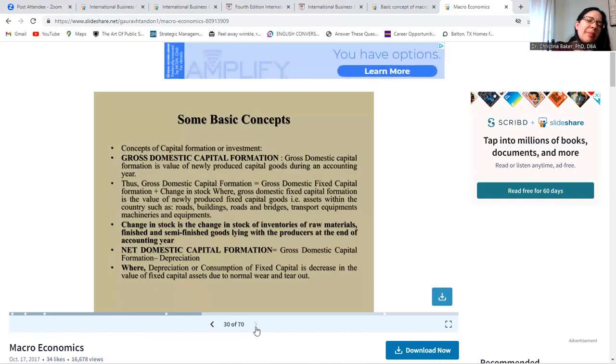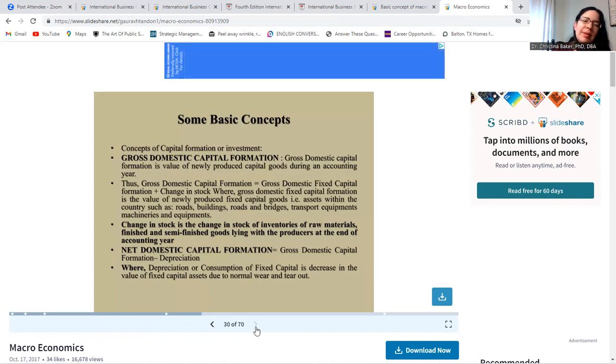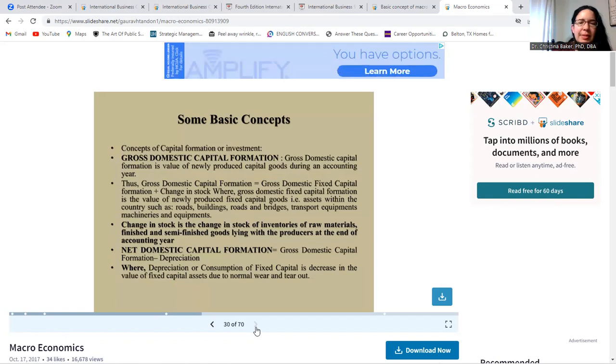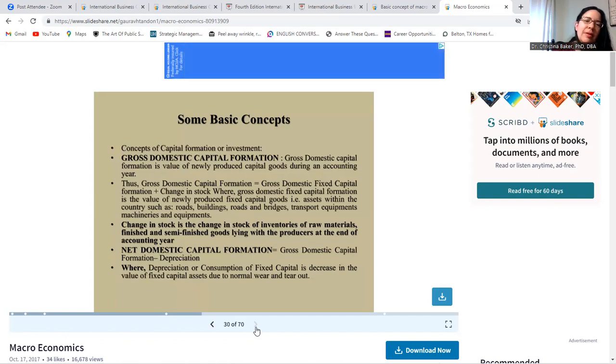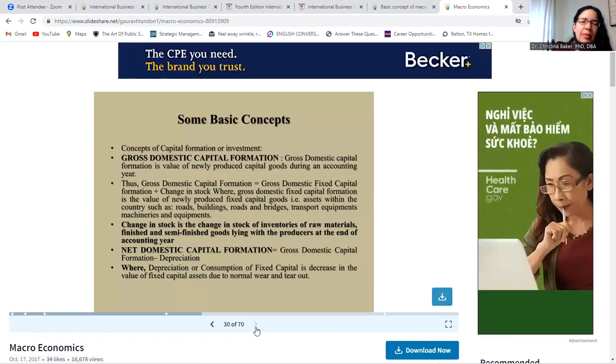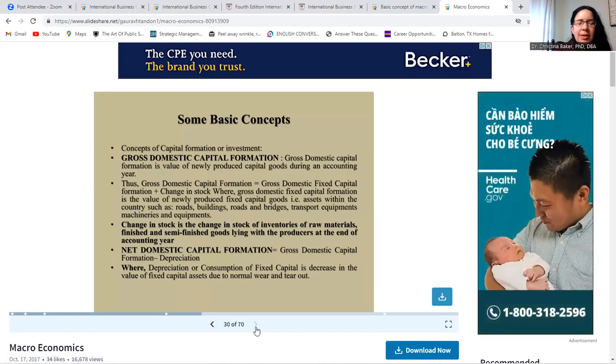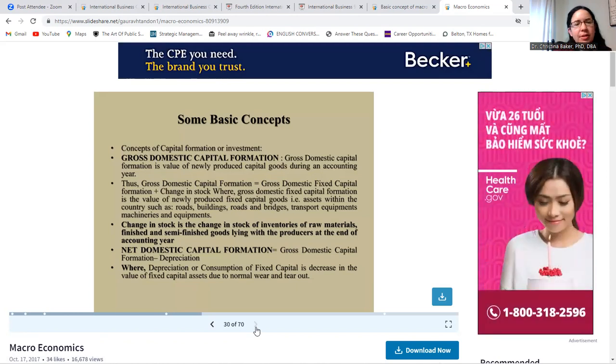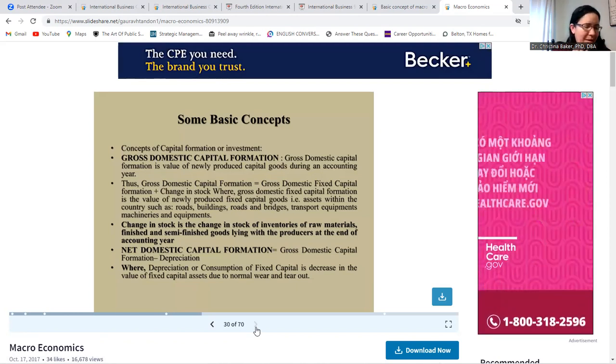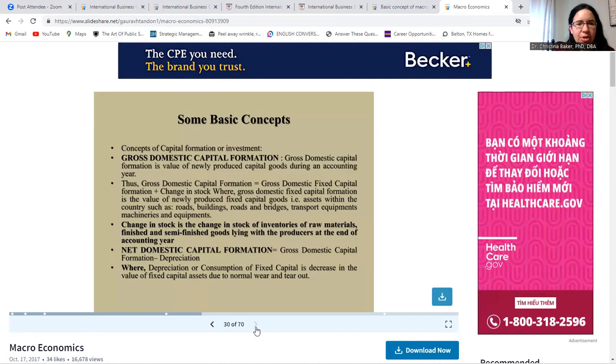Thus, gross domestic capital formation is gross domestic fixed capital formation plus the change in stock, whereas gross domestic fixed capital formation is the value of newly produced fixed capital assets within the country, such as roads, buildings, transport equipment, machineries, and equipment. Change in stock is the change in the stock of investors' raw materials, and finished and semi-finished goods.